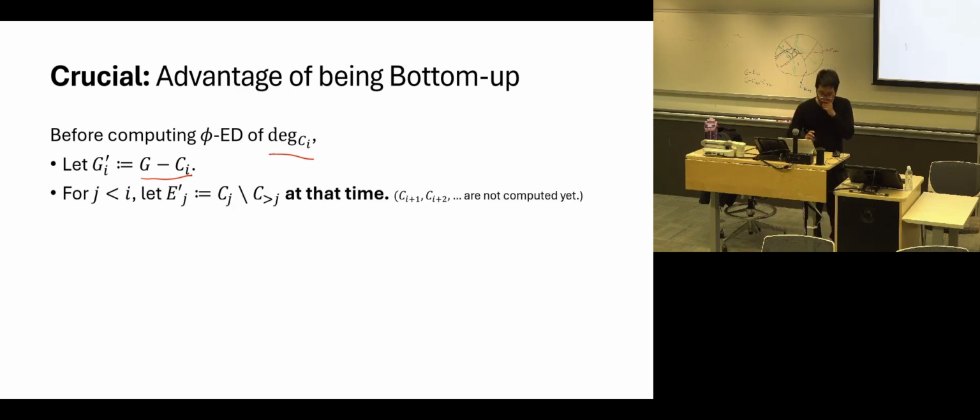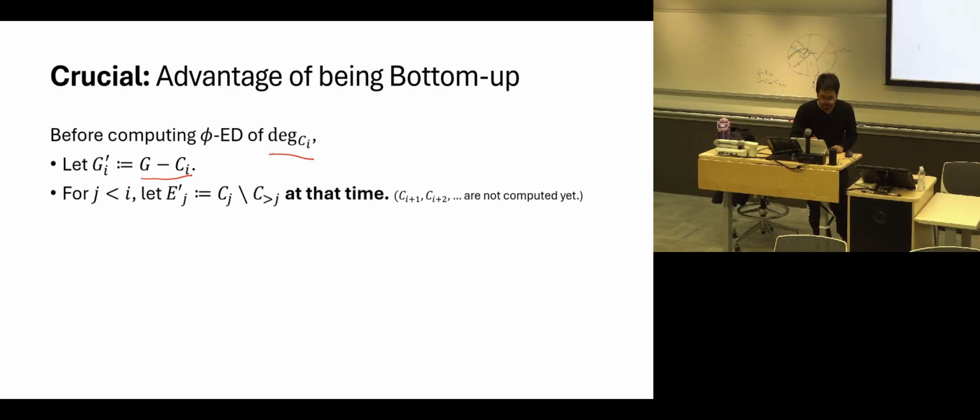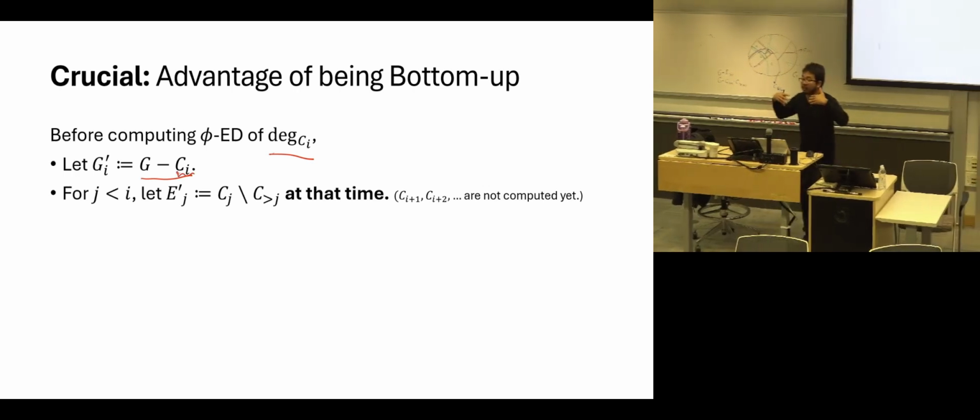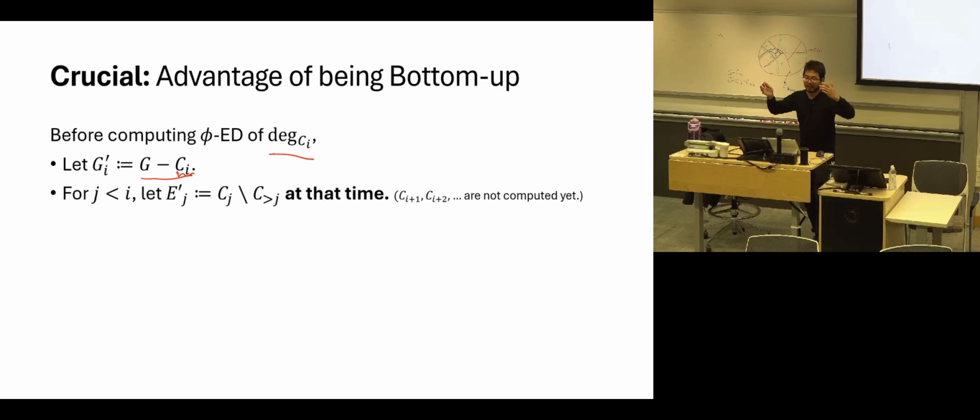Now, when you look at the graph after removing Ci, the edges that have been promoted to level i are left with edges that have been promoted to level less than i. So let's say that Ej prime is all edges at level j that have been promoted to level j but not above at that time.